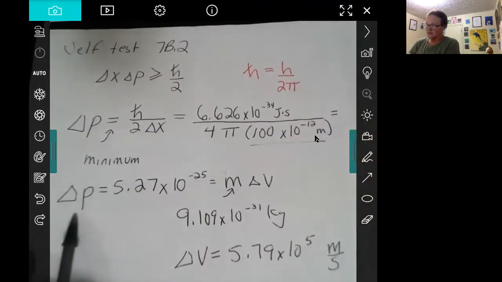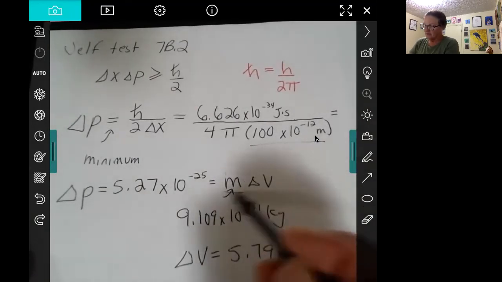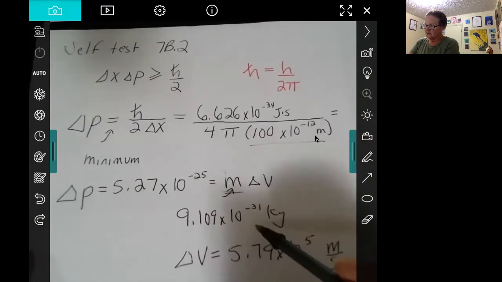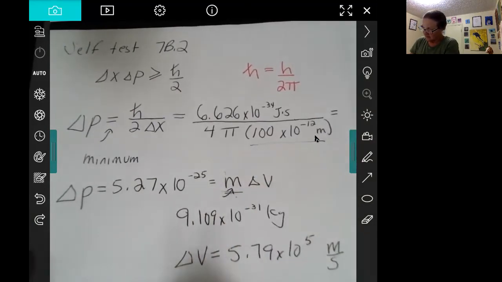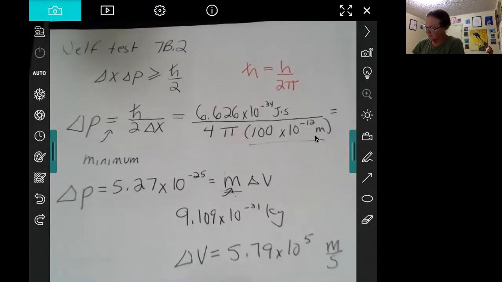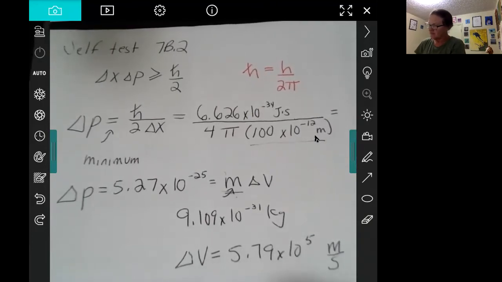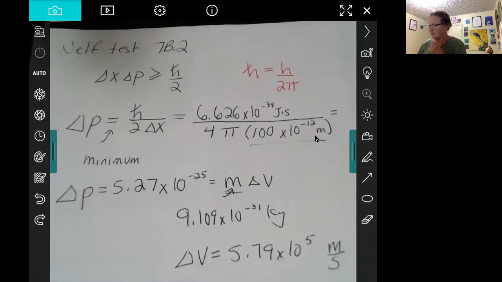I solve for the uncertainty of momentum, and then by putting in the mass, assuming that the mass of the electron is known, and the uncertainty in momentum is really a result of the uncertainty in the velocity, because momentum is mass times velocity, you can solve for the uncertainty in the velocity, which would be the minimum because it's the equal sign, is 5.79 times 10 to the 5th meters per second.